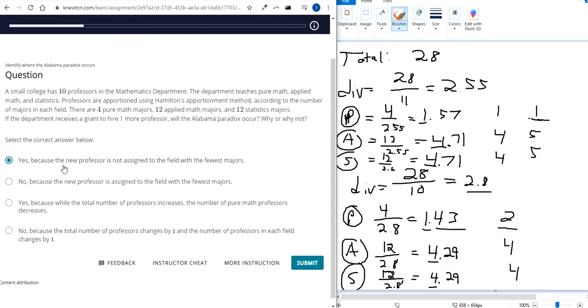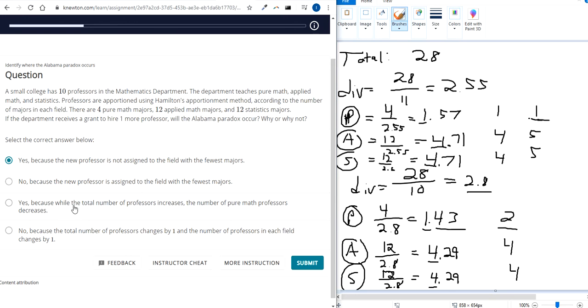Let's see, yes, because the new professor is not assigned to the field with the fewest majors. Yes is correct. Still thinking about that explanation here. The new professor is not assigned to the field with the fewest majors. That sounds okay on first glance. Let's check out the second option for yes.